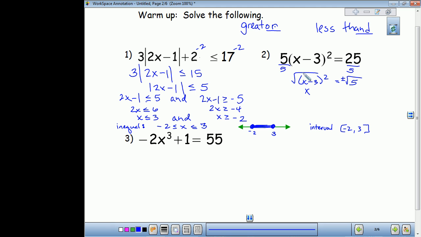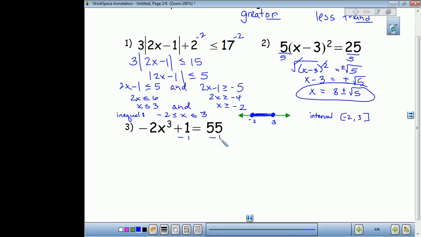So now the square and the square root cancel, so we're left with x minus 3 equals plus or minus root 5. So we move the 3 over and we get 3 plus or minus root 5. And those 2 solutions are our answers. Questions? And it would always go in front. Yes. Okay. Usually, normally it's the rational part plus or minus the irrational part, square root at the end.